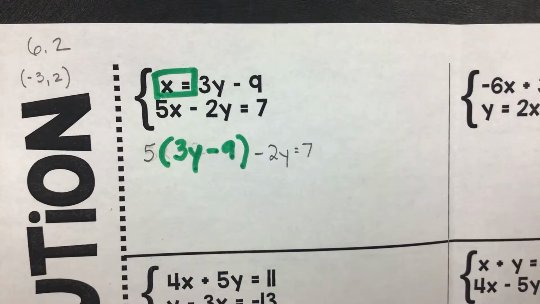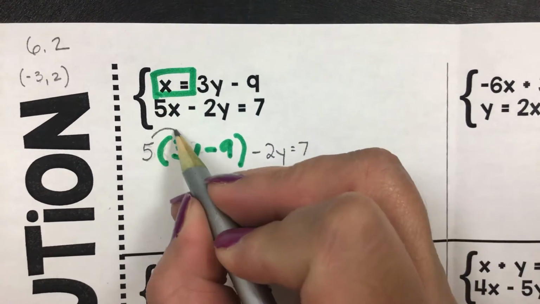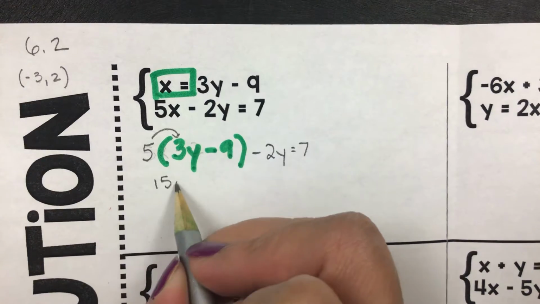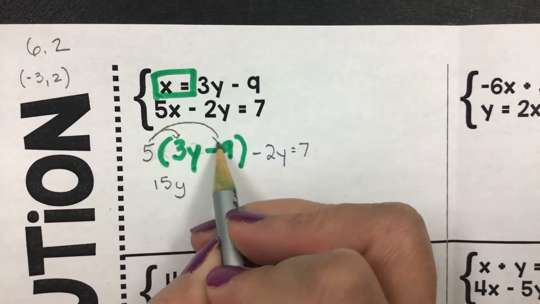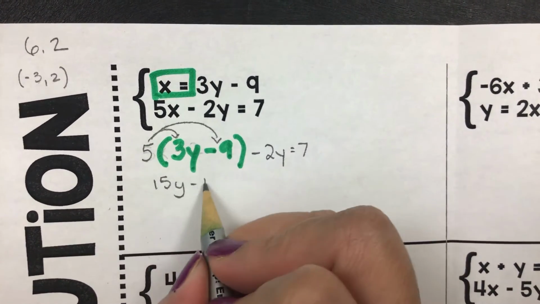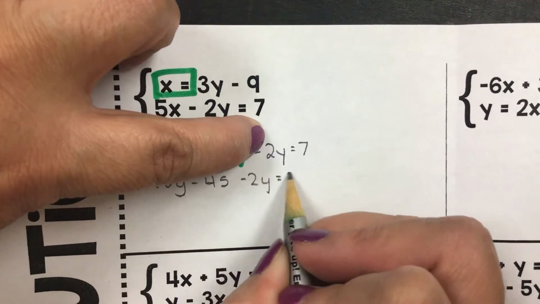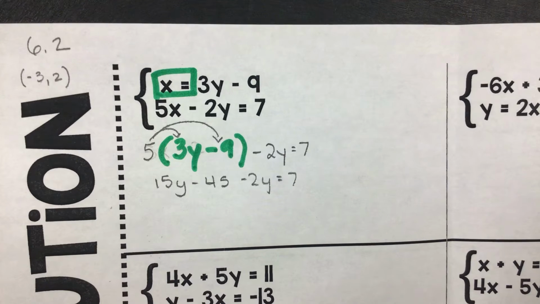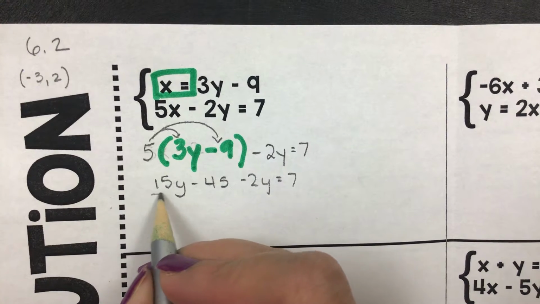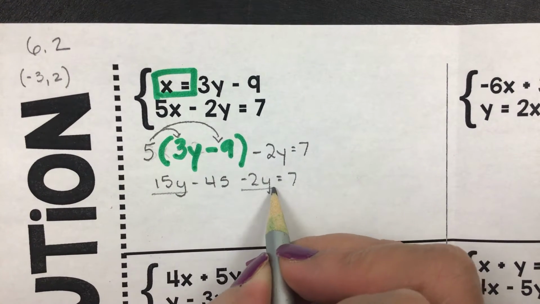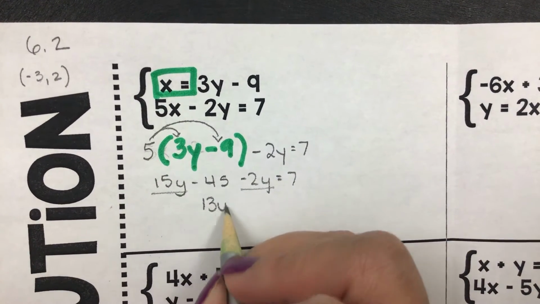Now we're going to do the distributive property. 5 times 3 is 15y. 5 times -9 gives you -45. And we still write the minus 2y is equal to 7. So we did the distributive property. Now we're going to combine like terms. That would be 15y minus 2y, which gives you 13y.